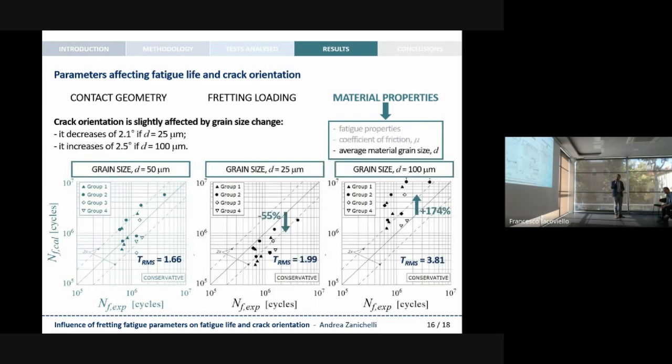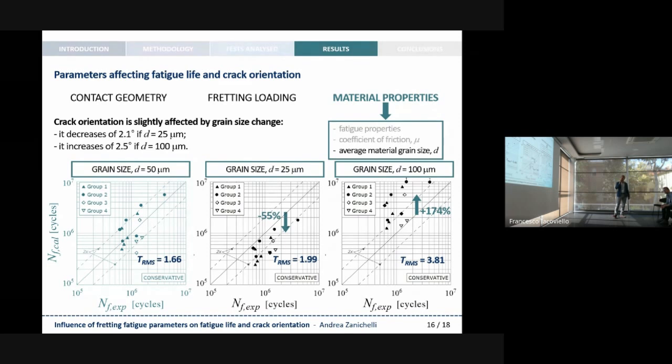Then, in this slide, the influence of the average material grain size on the fatigue life is shown, and again, we have the reference case in light green on the left, and then we consider 2 different values of grain size, half and double the reference one.